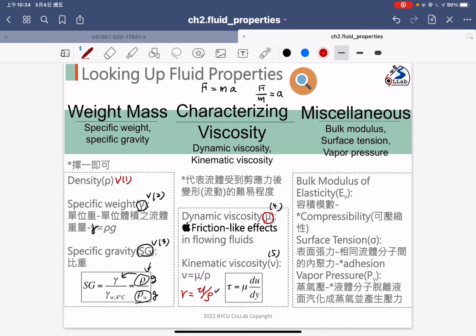So the force, we usually call it a dynamic problem, but the acceleration is a kinematic parameter. So that's why the dynamic viscosity here is mu, right? After we divide the dynamic viscosity by the density, then we call that the kinematic viscosity.